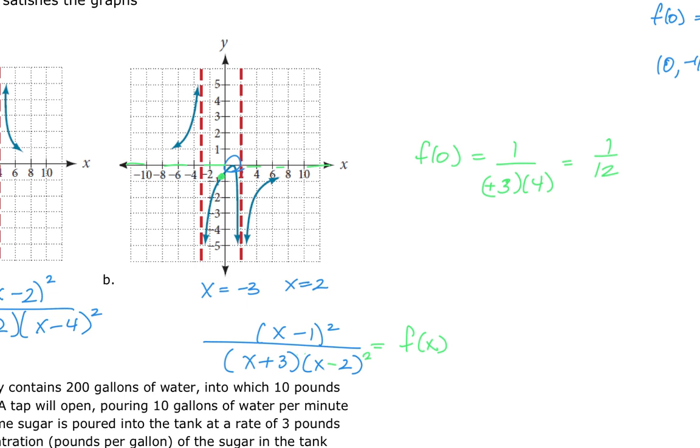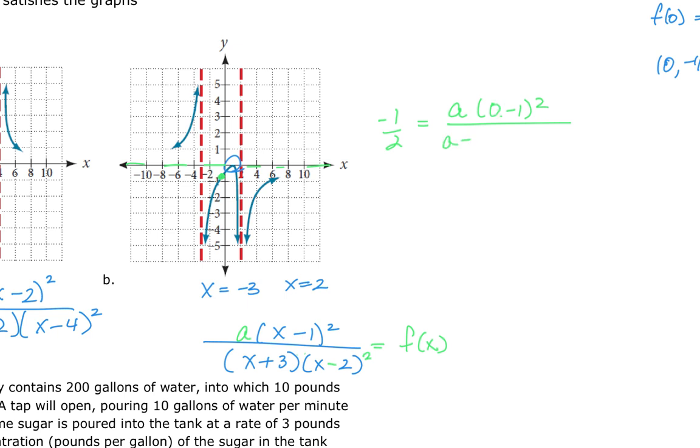Well, rather than guessing, let's put an a right here, just like we did with our polynomials. It looks like it's crossing at -1/2. So -1/2 is equal to a times x minus 1 squared over... Oh, actually, because I have 0 here, let's put in our 0.